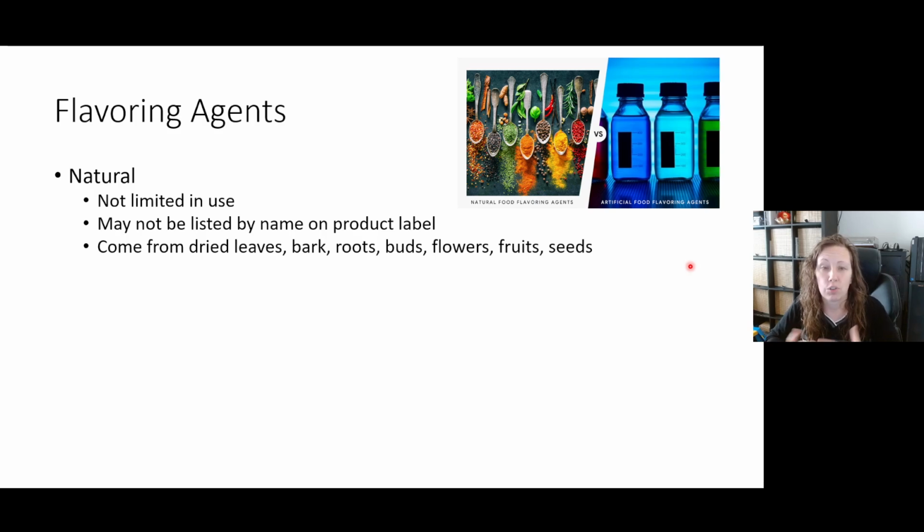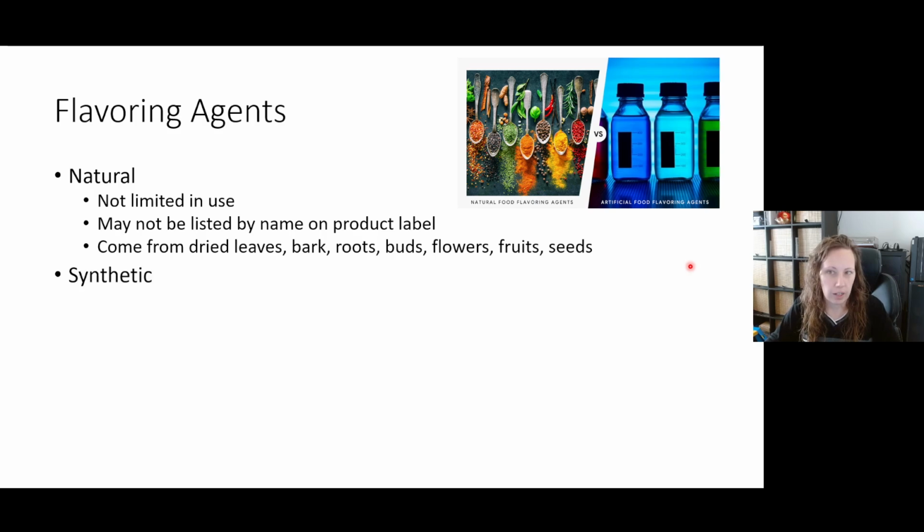They may be extracted. They may not just be the leaves ground up or the bark ground up. It may be an extract of one particular flavoring part of that substance, but it is natural in source.